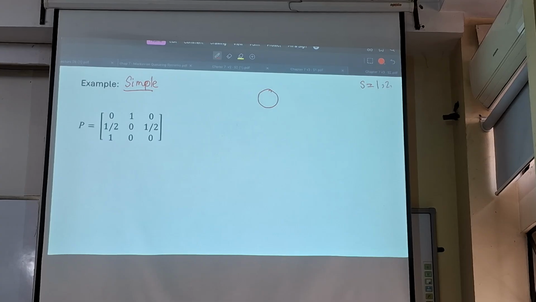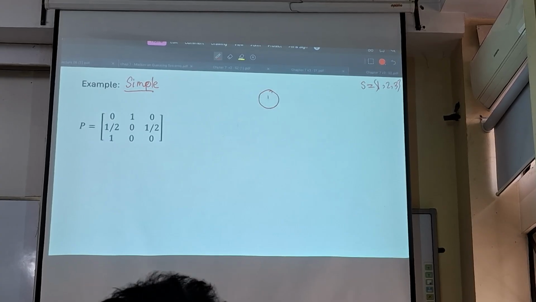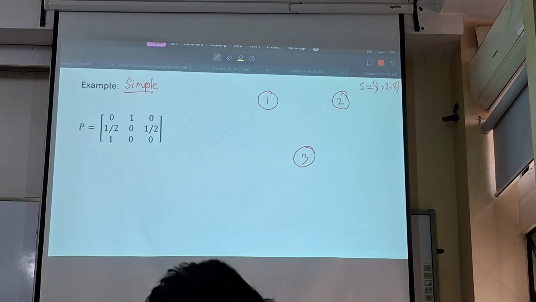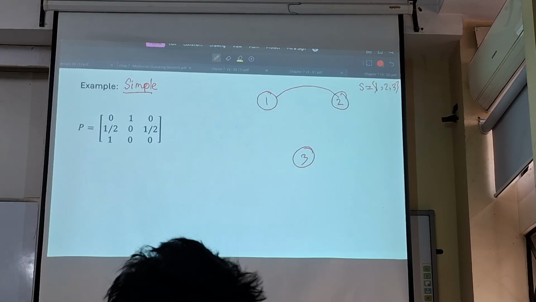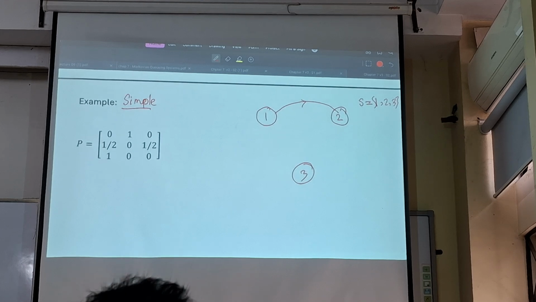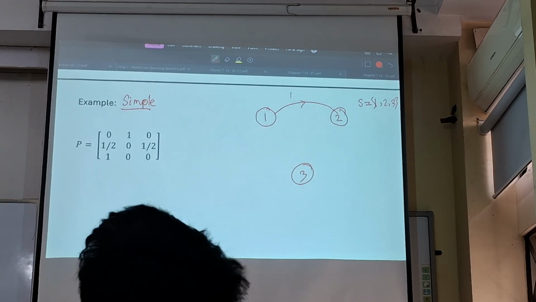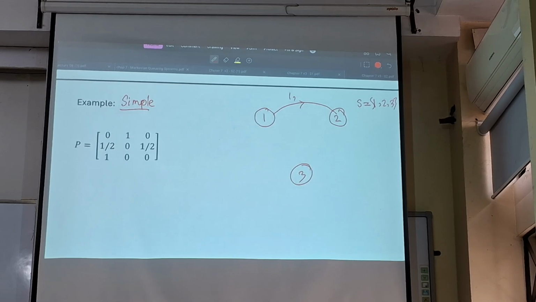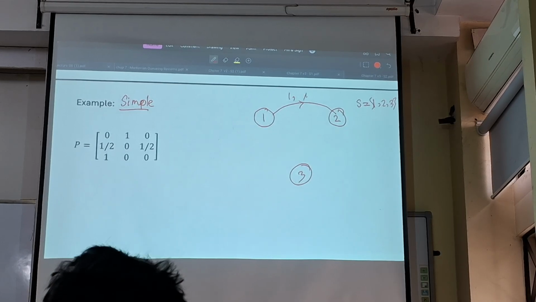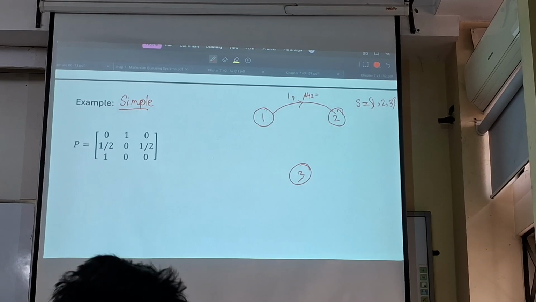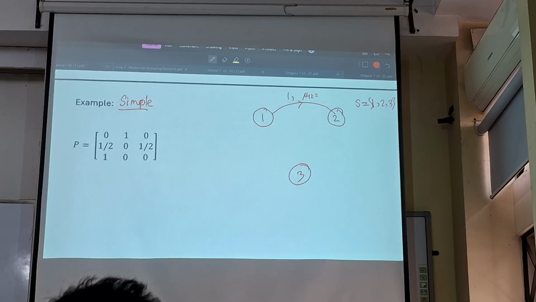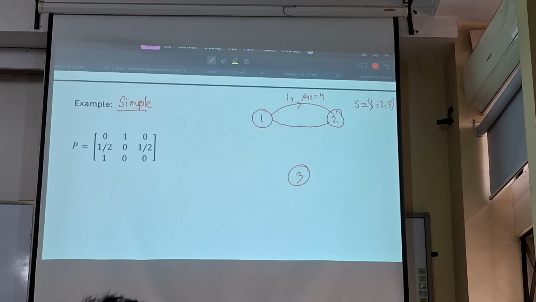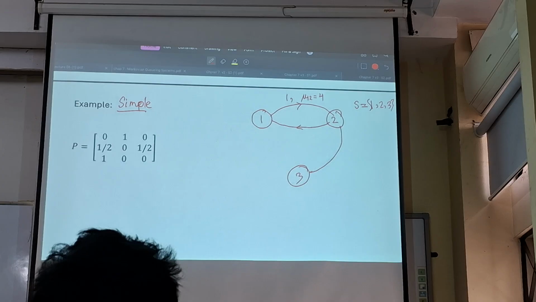What are the states of the semi-Markov process? 1, 2, 3. This is 1, this is 2, and this is 3. From state 1, the process can only go to state 2, and the probability then is 1. And the average holding time from 1 to 2, mu 1, is equal to 4. From state 2, the process can go to state 1 or it can go to state 3.